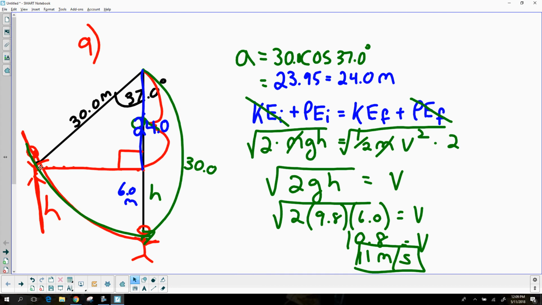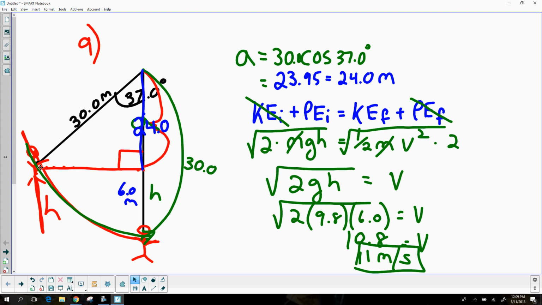Miss Grace, how did you get 6 meters for the height? Okay, so here's my swing, right? It's swinging back and forth, radius of a circle, correct? So if I pull it back, and imagine Tarzan at the end of the swing, pull it back this far, you notice that he is now not at its lowest point, right?